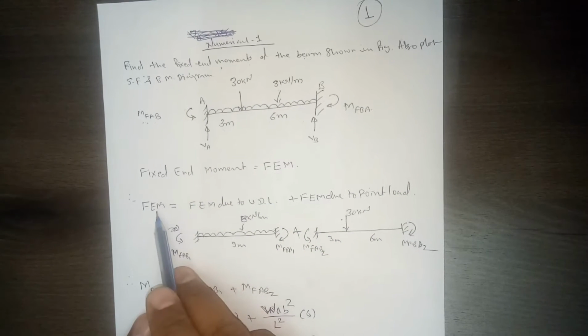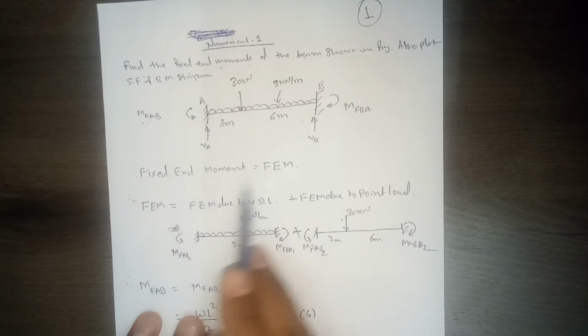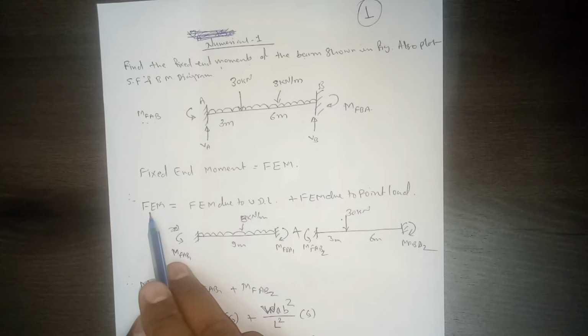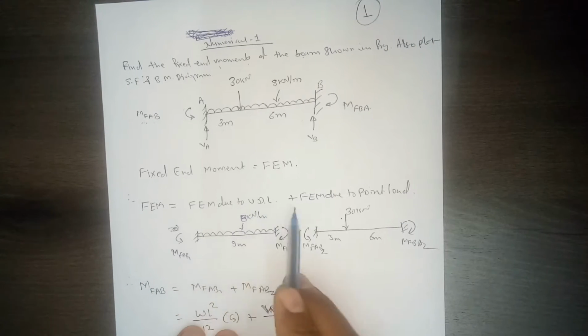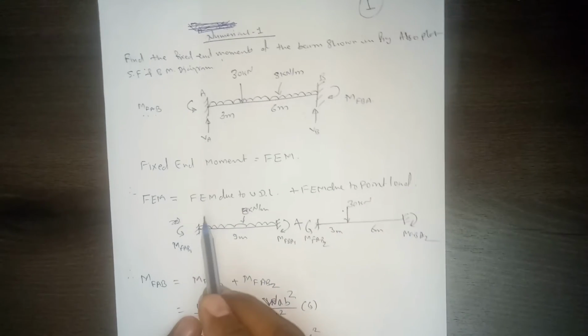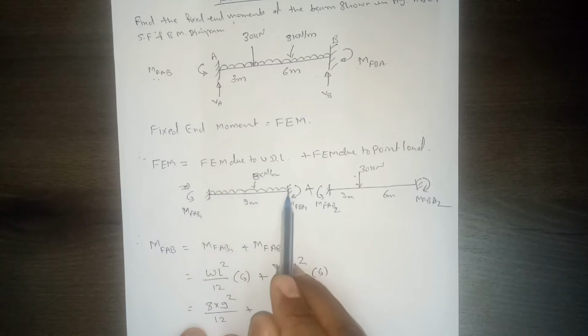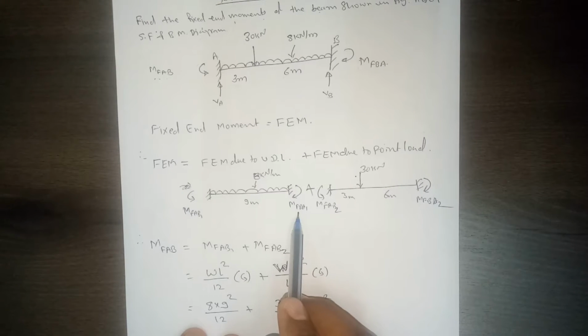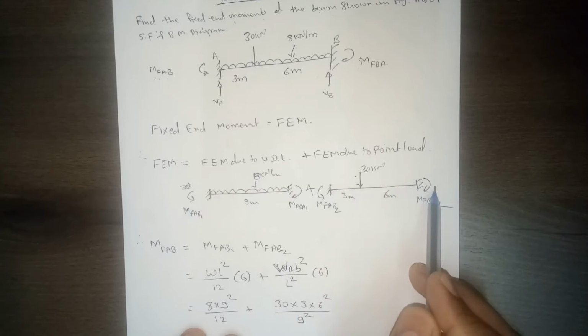The total fixed end moment, generally written as FEM, is equal to the fixed end moment due to UDL plus the fixed end moment due to point load. So apply the UDL and calculate the fixed end moment, and then apply the point load and calculate the fixed end moment.